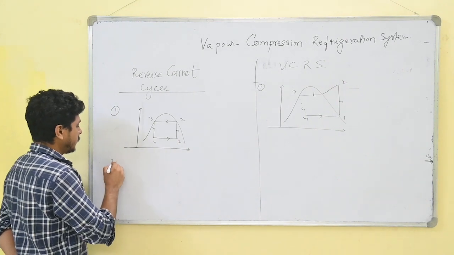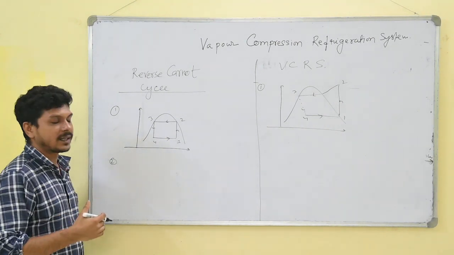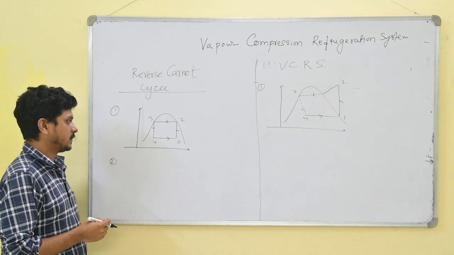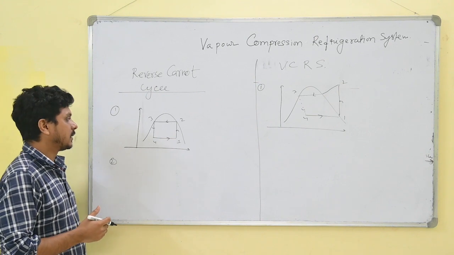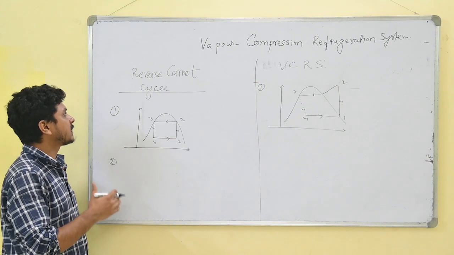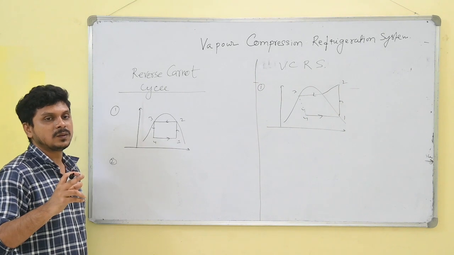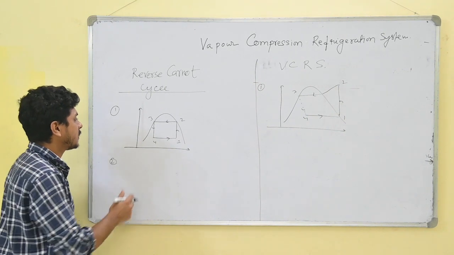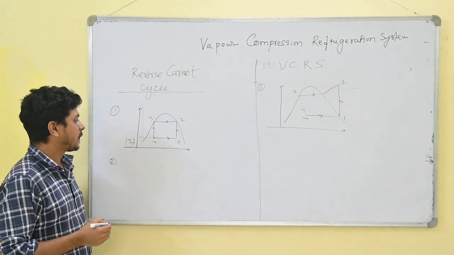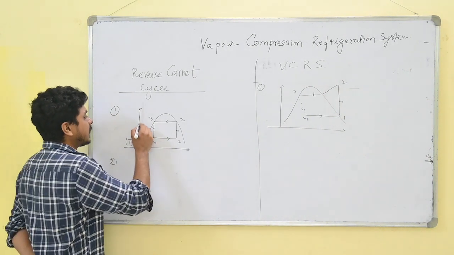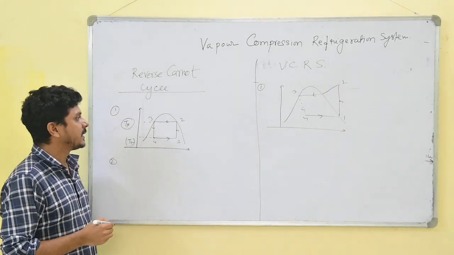And here we see, if we use the reverse Carnot cycle in a domestic refrigerator, the compressor blade will be damaged quickly. The reverse Carnot cycle works between two temperature limits: the lower temperature limit, the evaporator temperature, and the upper temperature limit, the condenser temperature.